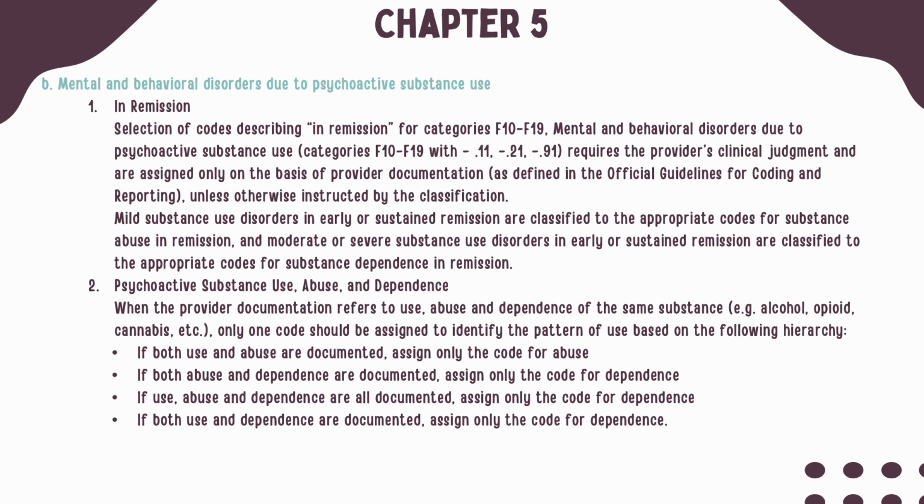If abuse and dependence are documented, you should only code for the dependence. If all three are documented, use, abuse, and dependence, you should assign only the code for dependence. If use and dependence are documented, only the code for dependence should be assigned. Again, dependence trumps both use and abuse, and then abuse trumps use.